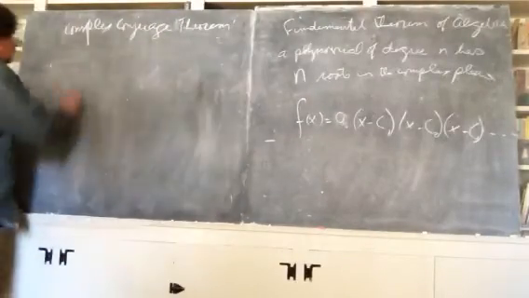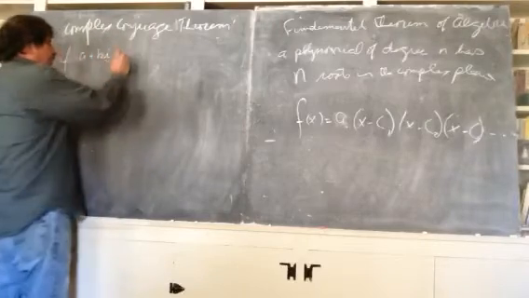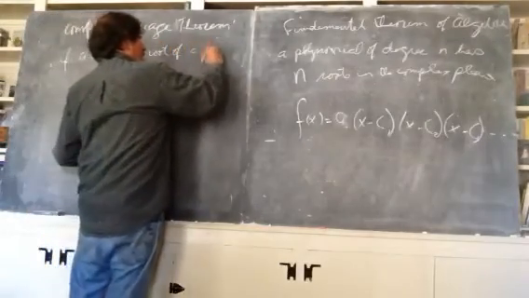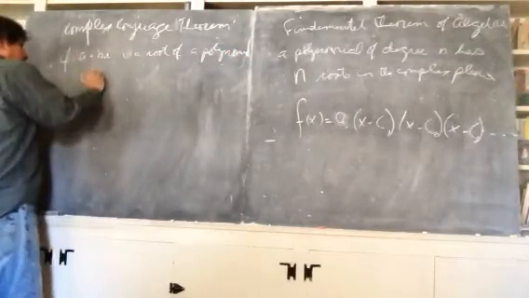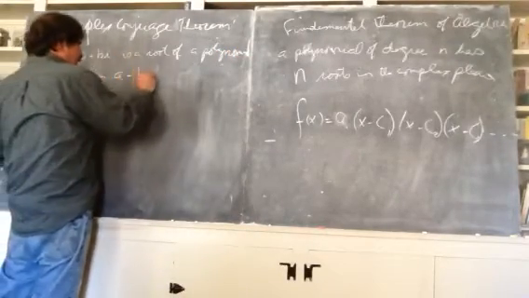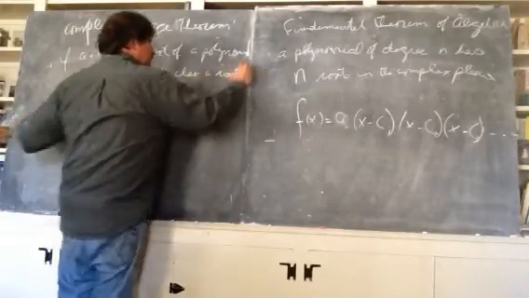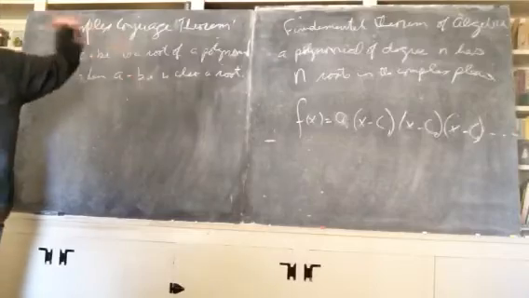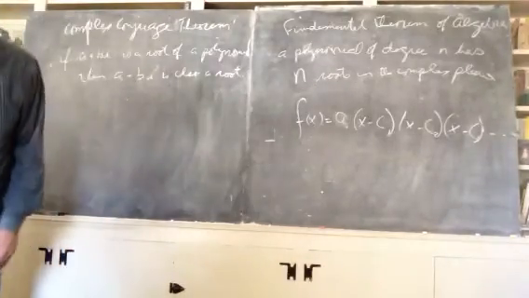And this says if a plus bi is a root of a polynomial, then so is a minus bi. If you have one root, you have another root. We could do a lot of stuff with this, but let's just finish the theoretical stuff.